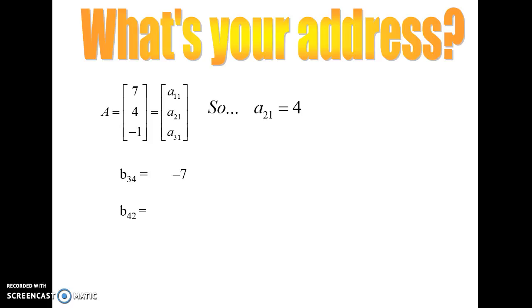Fourth row, second column of matrix B. Did you get -5? How about B54? Matrix B, fifth row, fourth column. That should be a 3.